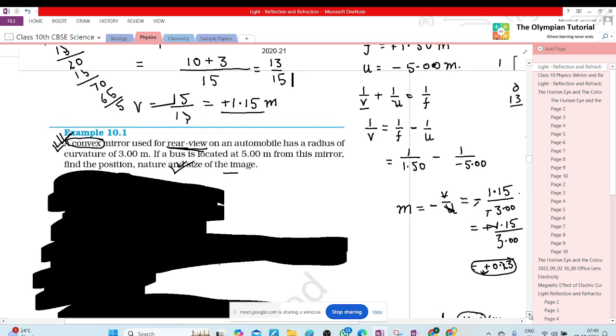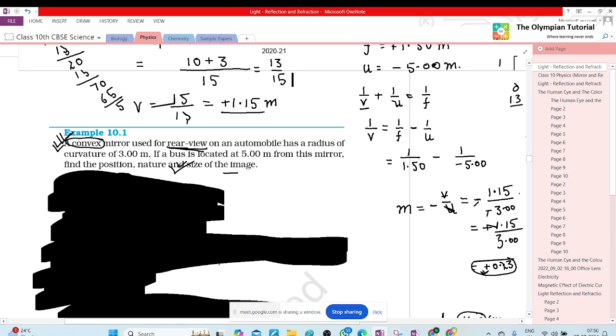Ma'am, so because of the sign change we won't get the same value. If we are given the same object distance and focal length for both concave and convex, in the end, yes, the values will be different.